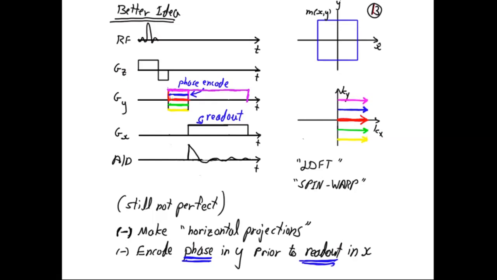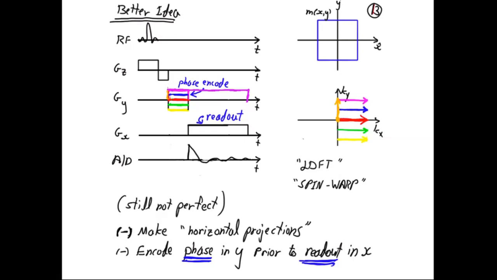So I'm gonna pick a color. Which color should I pick? I'll pick orange. All right. So first of all, you start with some y, right? Phase encode. So that would go from here, and it will travel up here, right?